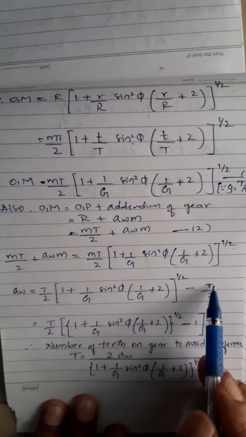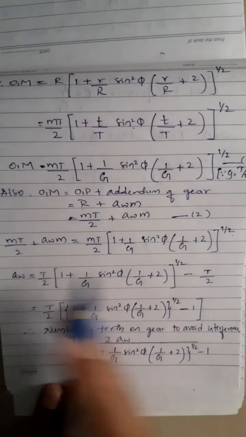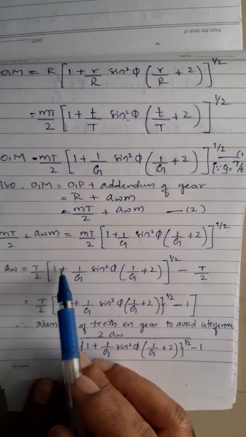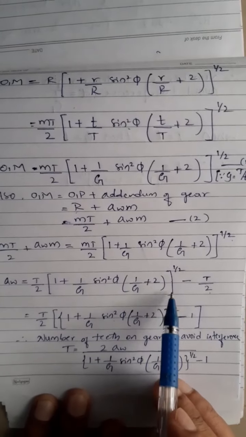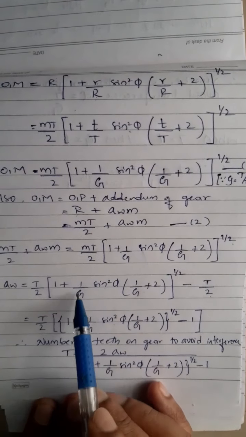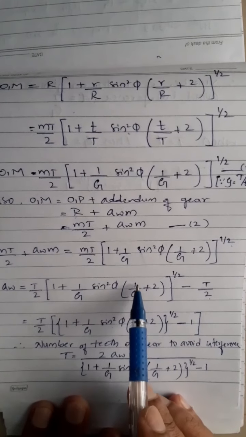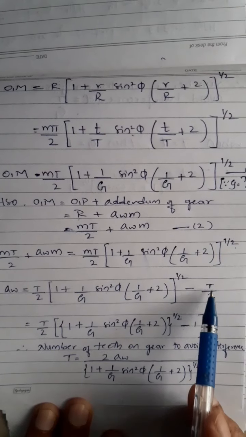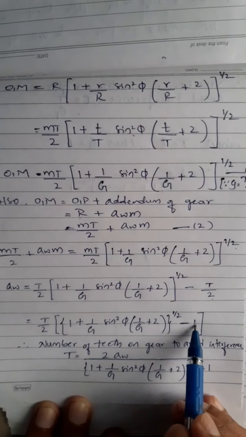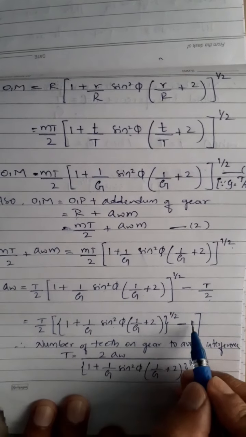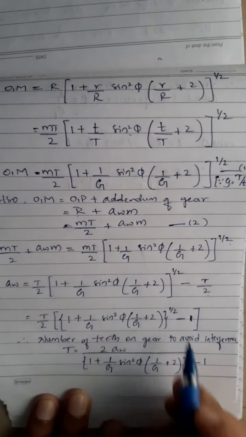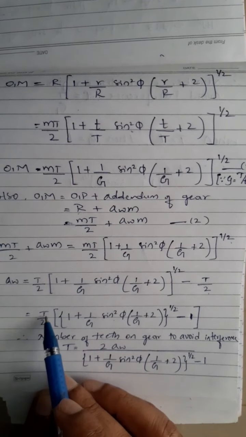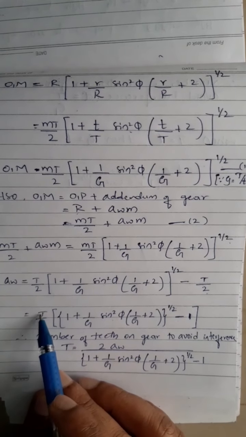Next we'll take this t by 2 as a common factor and take it outside. So we are left with the term in the bracket as it is, that is 1 plus 1 by G sin square phi into 1 by G plus 2 whole raised to 1 by 2, minus this t by 2 we have taken already outside, so it becomes 1, and we'll complete the bracket. Again, actually we need to find the minimum number of teeth required on the gear to avoid the interference.